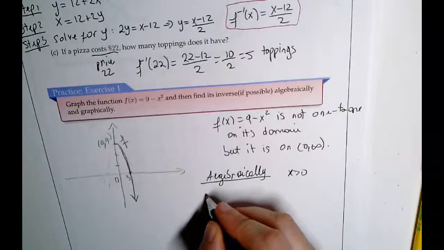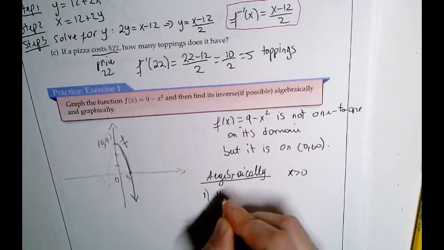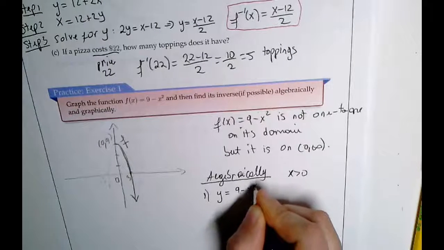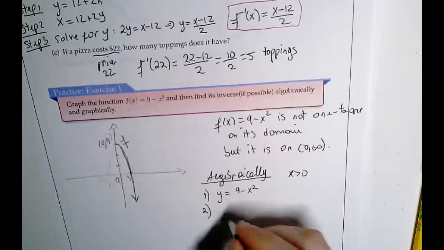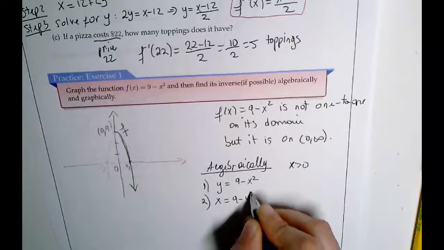So algebraically, to find the inverse, step 1 is writing it as y equals 9 minus x squared, instead of f of x. Step 2 is switch x and y, so I'm going to have x equals 9 minus y squared.